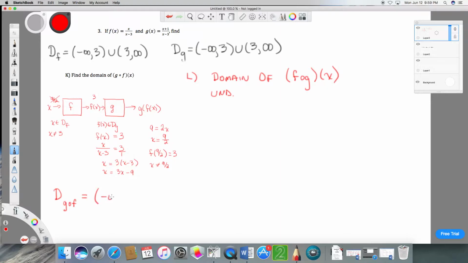But we have to exclude the number 3, and we have to exclude the number 4.5. I'm just going to write it as 9 halves. As long as we pick any number that's in the domain, we'll have an output for f, and then when that becomes the input for g, we have a final output for g, and that's what we need to happen.